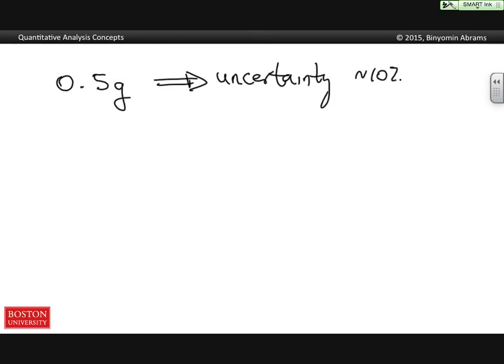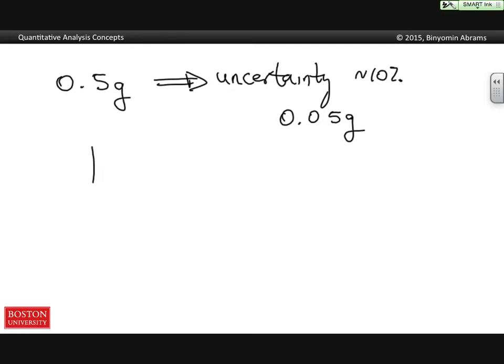So imagine we start with 0.5 grams, and we feel that 90% dissolved. If 90% dissolved, that means our uncertainty is around 10%. So our uncertainty is of 0.05 grams, meaning that we feel the maximum that could possibly have dissolved, right?